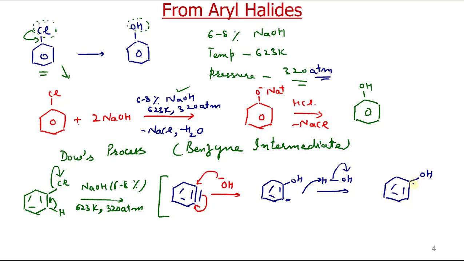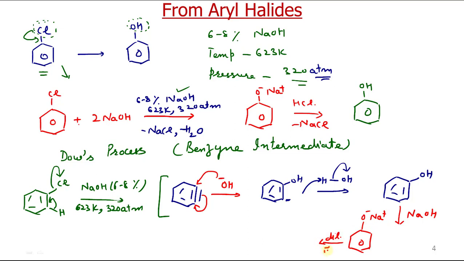Phenols are acidic in nature, so they can further react with NaOH to give sodium phenoxide. That's how you get sodium phenoxide. So we need acidic hydrolysis further to convert this.